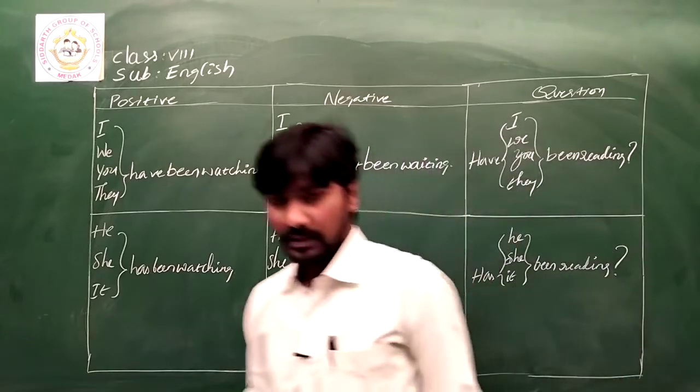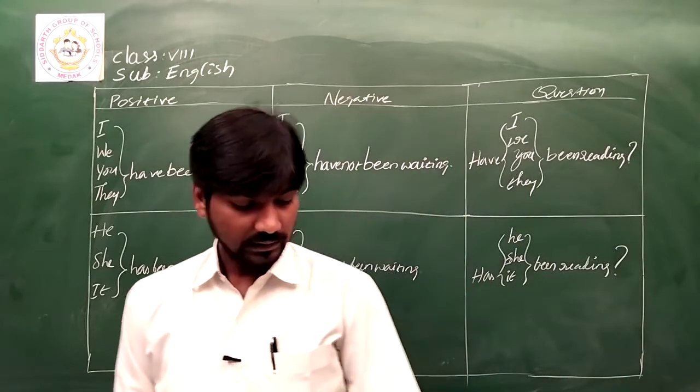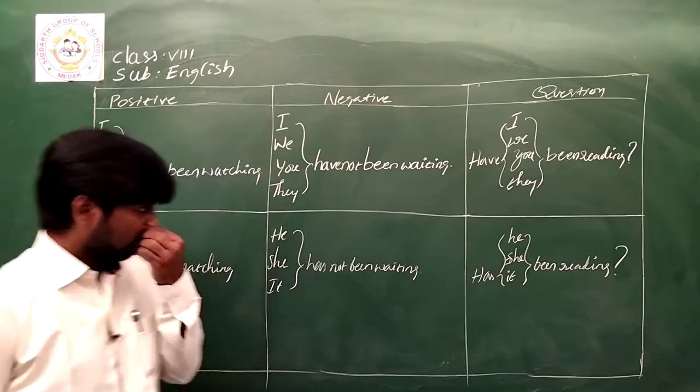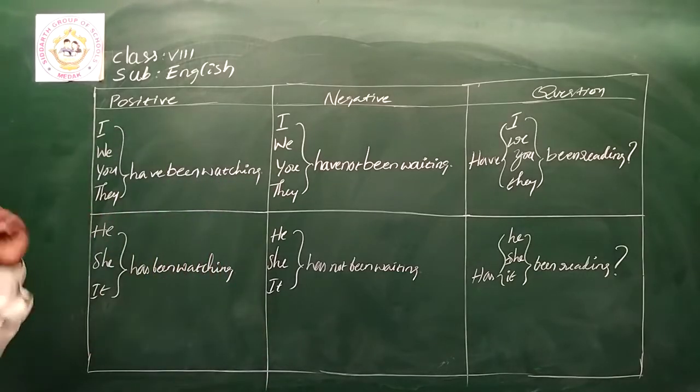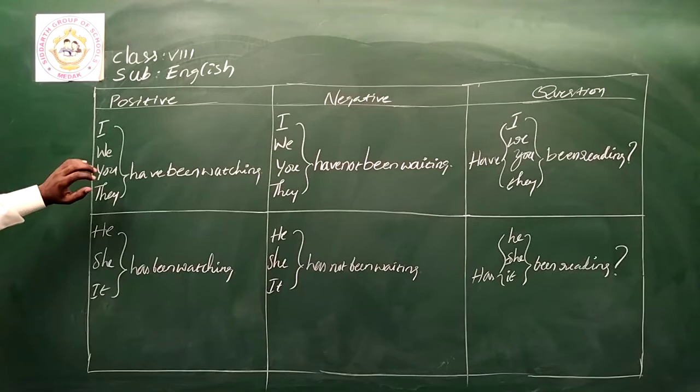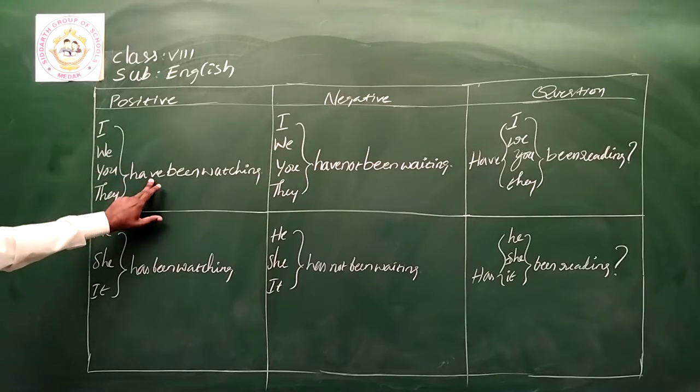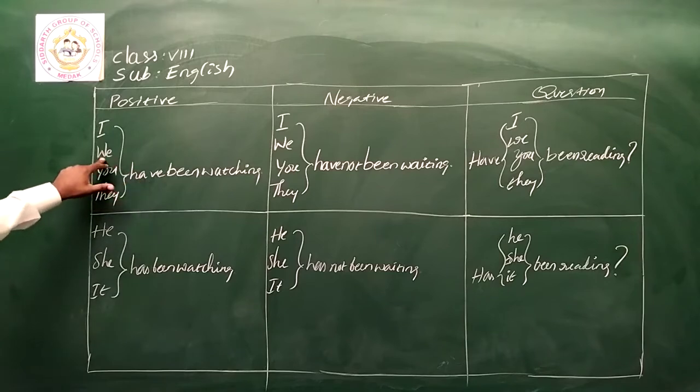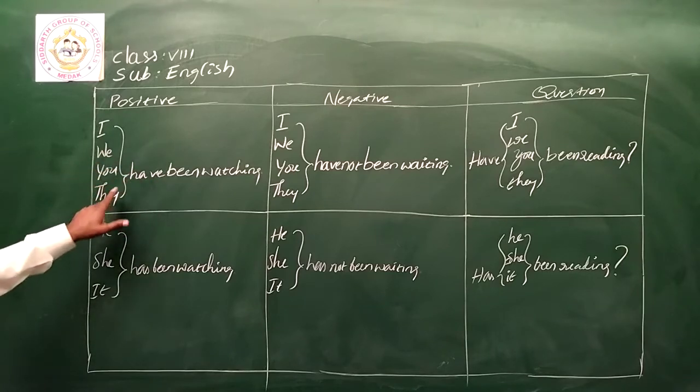Now, this is completed. Look at it. First one is positive. How to frame positive statements by using present perfect continuous tense. Number one, have. I have, we have, you have, they have.